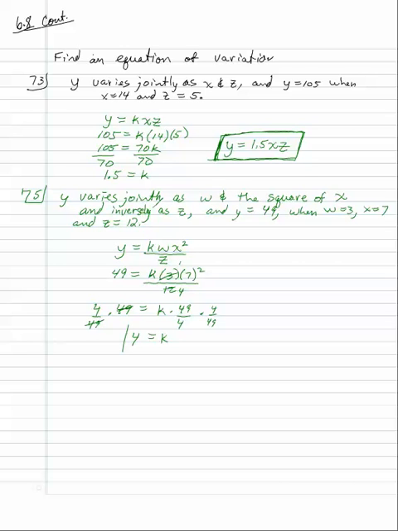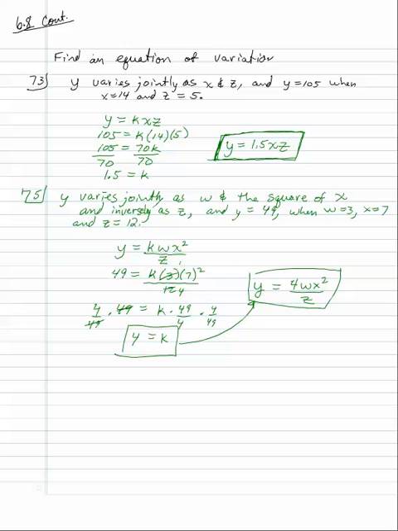So k is 4. So the equation is y equals 4wx squared over z. So that's my equation of variation. My constant of variation is 4. Equation of variation is y equals 4wx squared all over z.